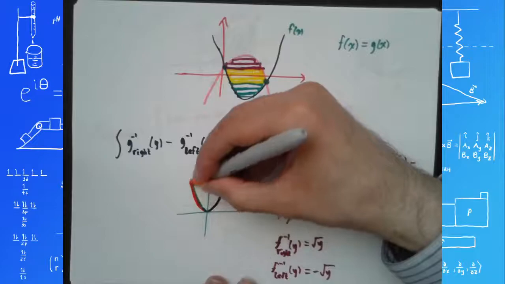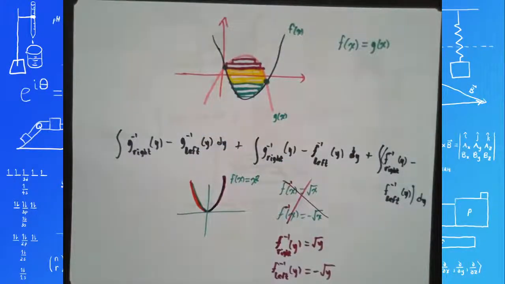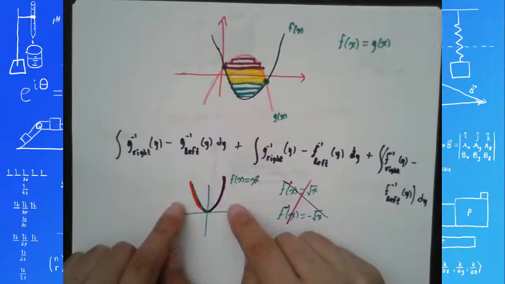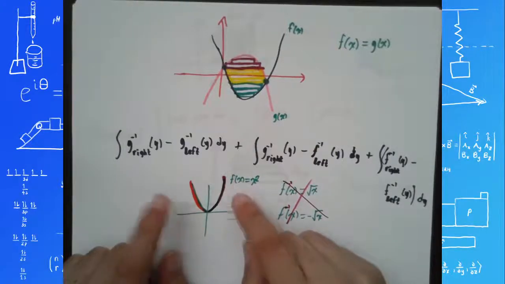So it is possible, and not always though, it's not always possible to do this, but it is at least sometimes possible to come up with two inverse functions for a function like this, which doesn't pass the horizontal line test, which is really the source of the problem here. Right?